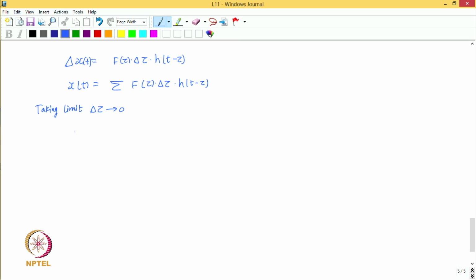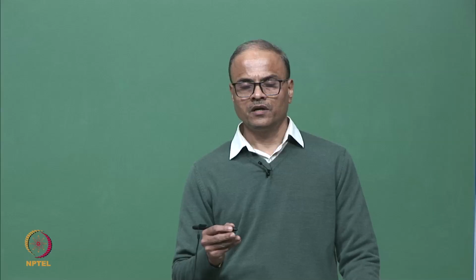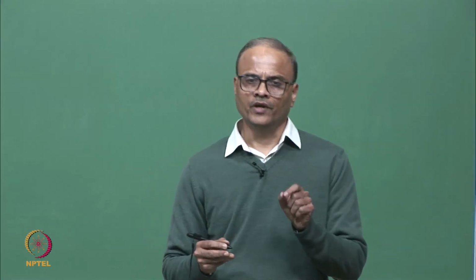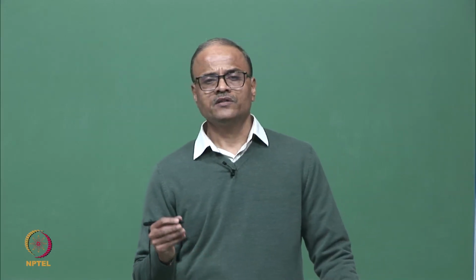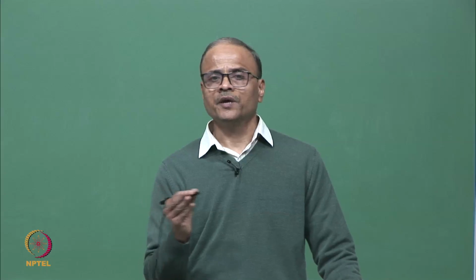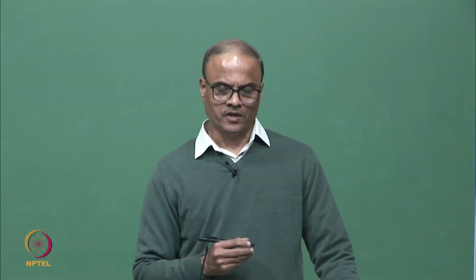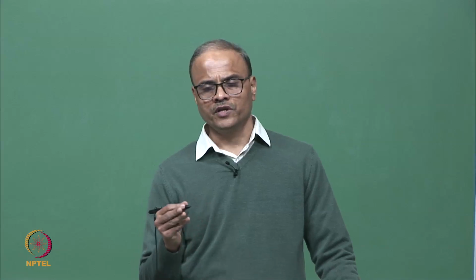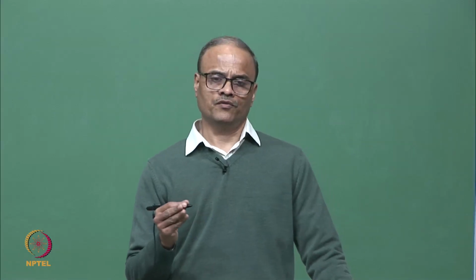This summation sign will become a sign of integration, right, because delta tau is now becoming an infinitesimally small width, right, and that requires an infinite number of such force steps to approximate the transient force. And therefore, no longer do we have a finite number of steps, but we have now an infinite number of steps.